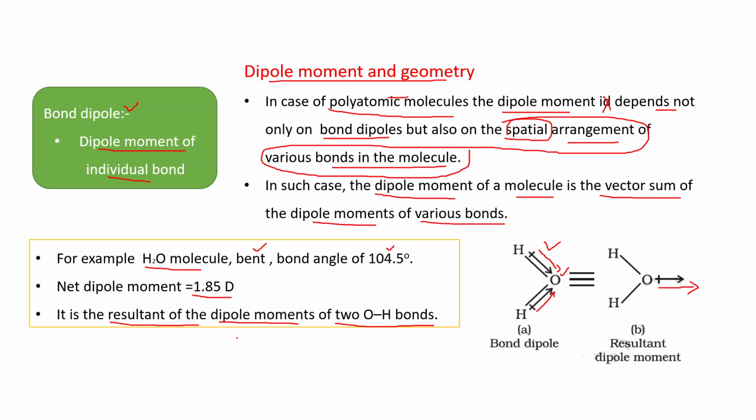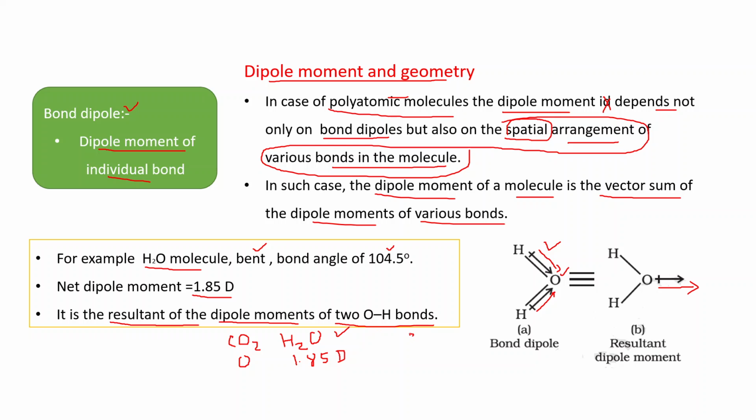Now there is one question. If you compare the dipole moment of CO2 and H2O, both are triatomic molecules. The dipole moment of CO2 is 0, while H2O has the value of 1.85 D. Then how can we explain this? For water, we already explained that water is a bent molecule. That's why it has some dipole moment.